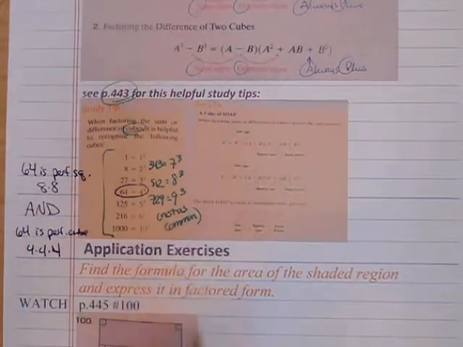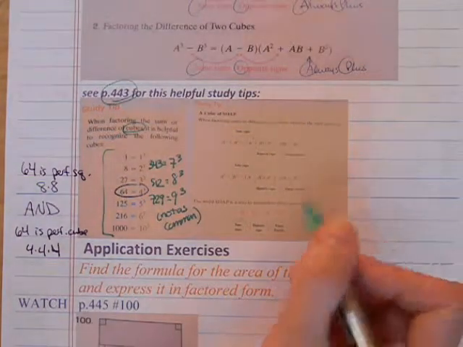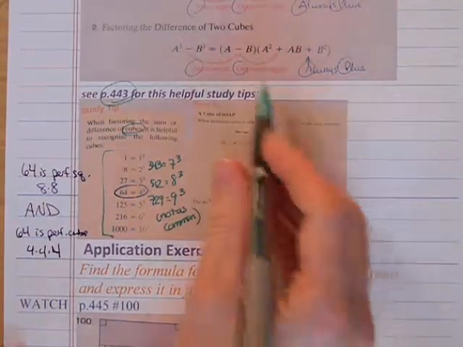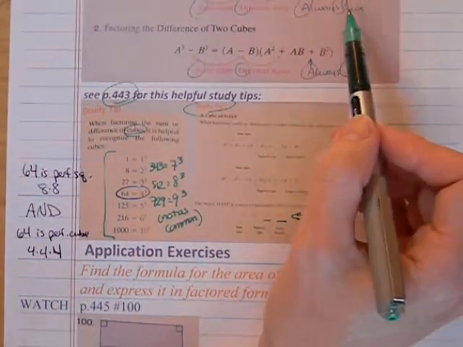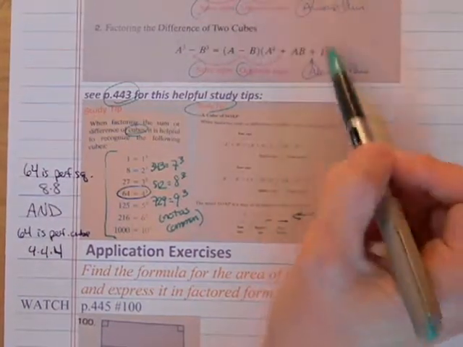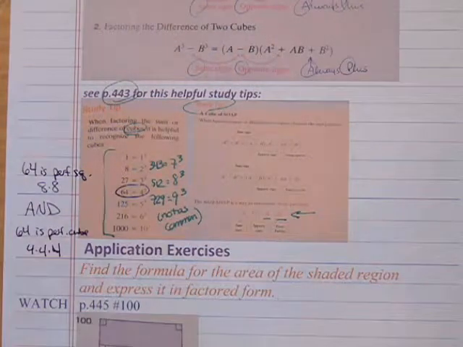So use your other piece to determine if it's being used as a perfect square or perfect cube. Okay, and then here they do help you on the study tip next to that with the SOAP, the always plus. So I jumped to conclusion a little bit. They were just showing the pattern here, and then they finally do let you in on the SOAP thing.